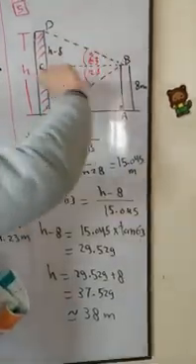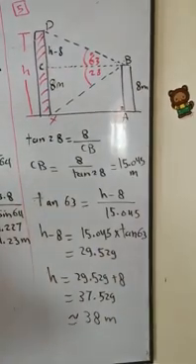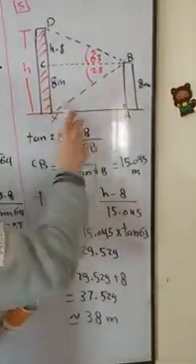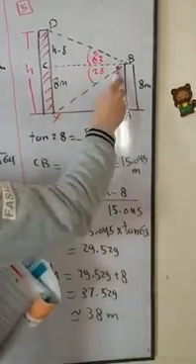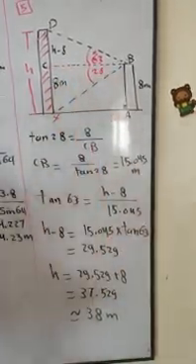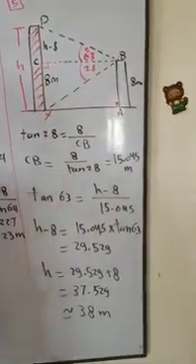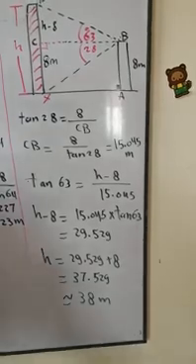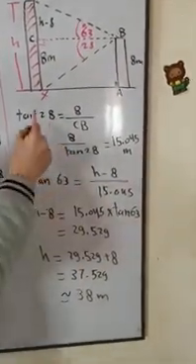And what about the rest? CD, how can I get it? Firstly, I look to the triangle CBX and get the horizontal distance CB. How can I get it? This triangle BCX is a right angle triangle. If I want to find CB, you will substitute in this equation.